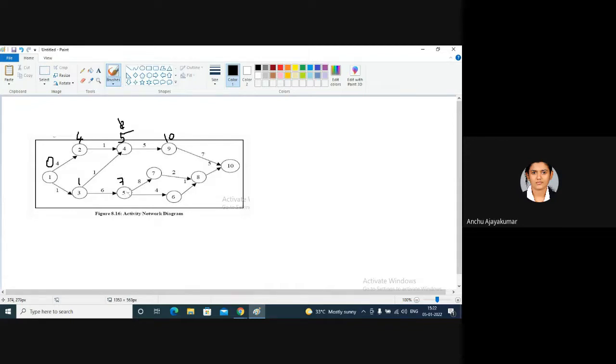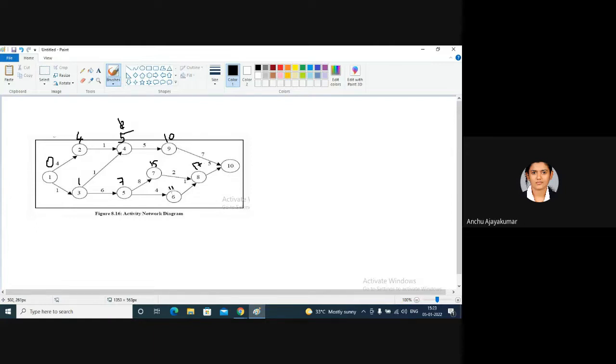From 5 to 7, you have 8 days, so that makes it 15 days. From 5 to 6, it will take 7 plus 4, 11 days. Here 15 plus 2, you will take 17 days.